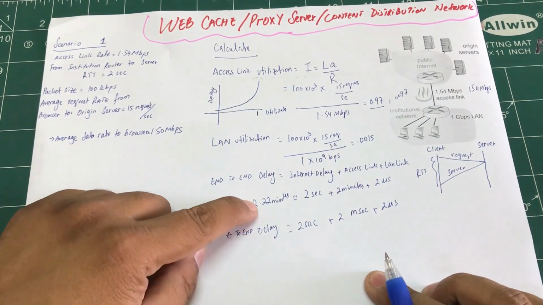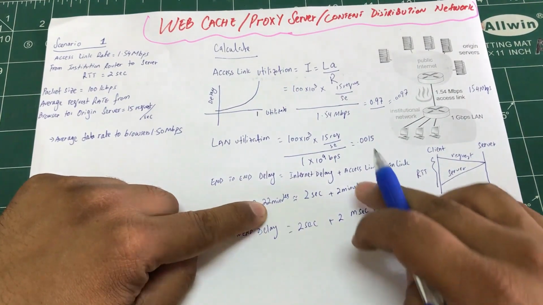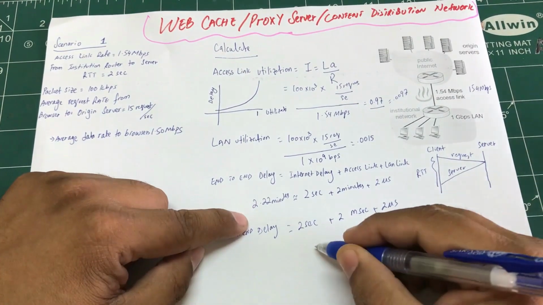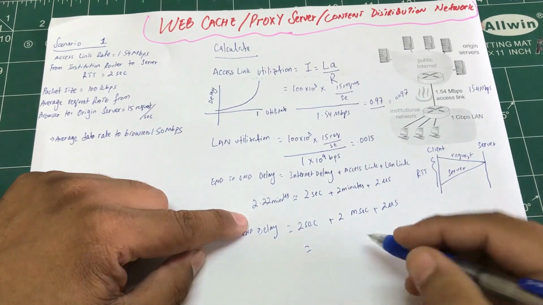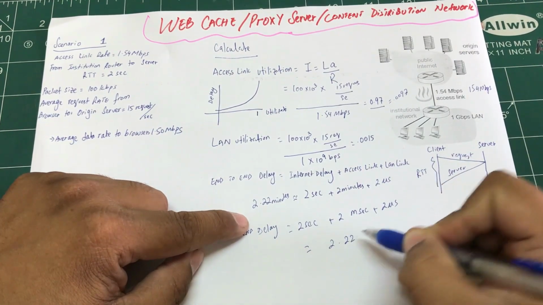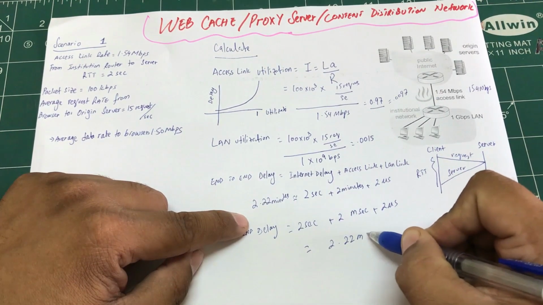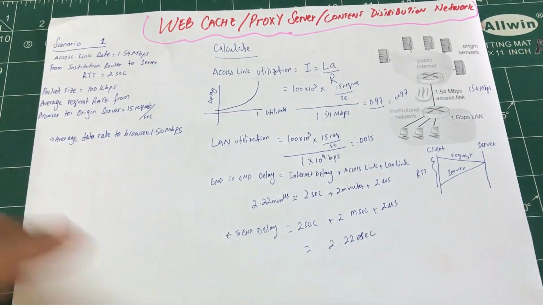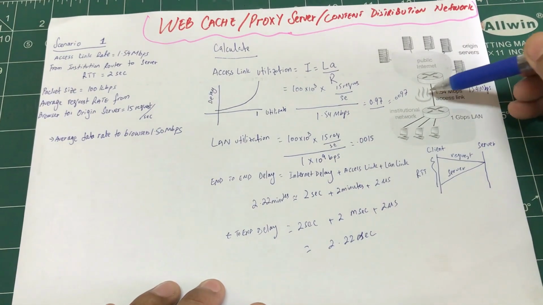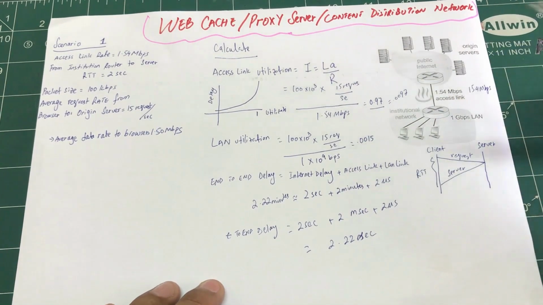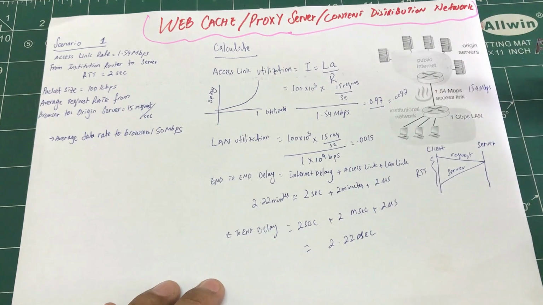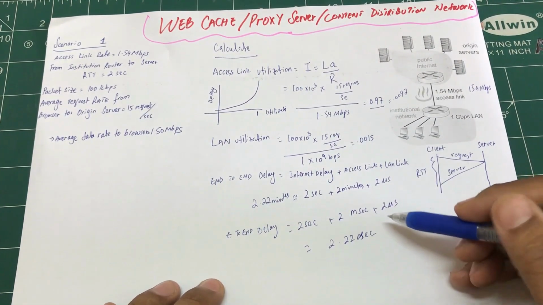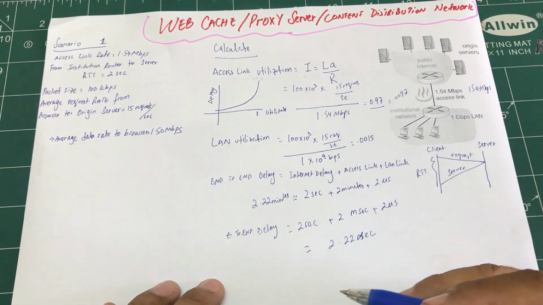So instead of 2.22 minutes, these are some hypothetical values that I have taken, the delay will drastically drop to 2.22 seconds. Once I increase my bandwidth, my utilization goes down, and based on this, my end-to-end delay will be about seconds.